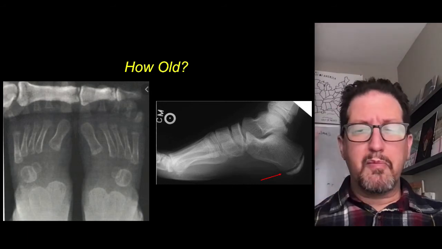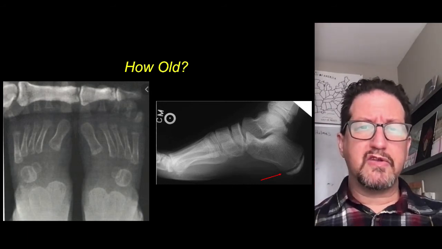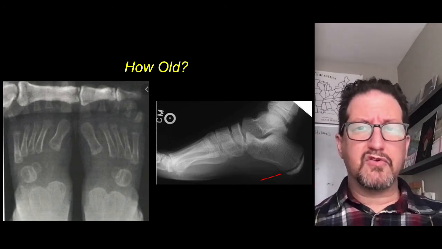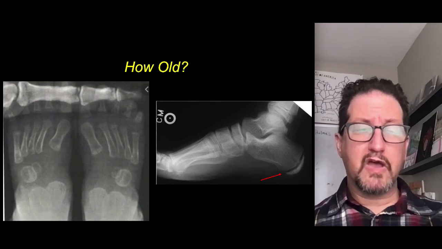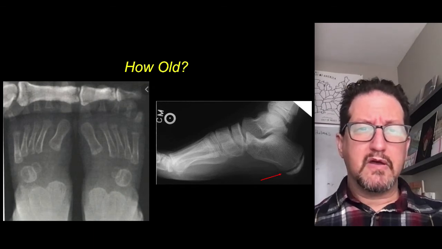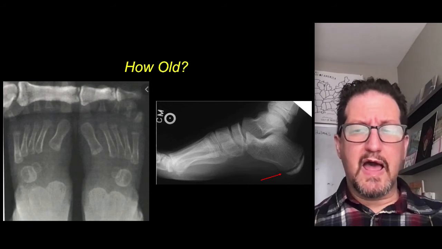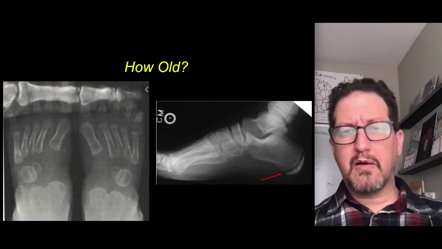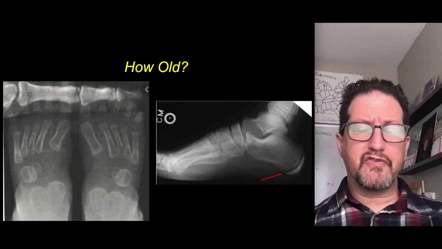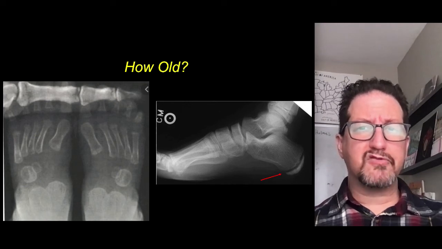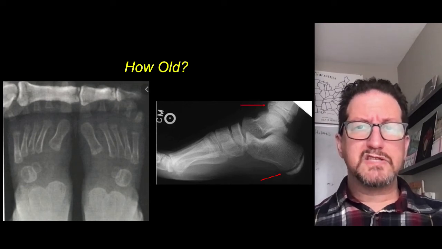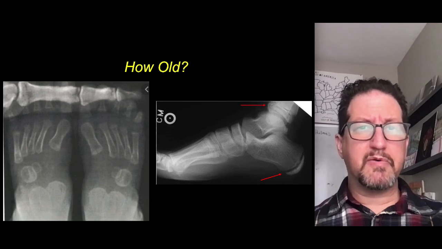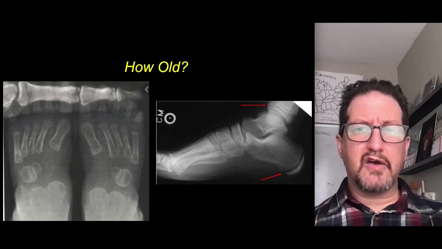If you go back and look at that chart, you'll see that around 6.5 years old is where this started. So we know it started sometime, but it hadn't ossified, and closure was around 15 years old. So we know this child has to be younger than 15. Same thing on that distal tibial epiphysis, it is not ossified yet.